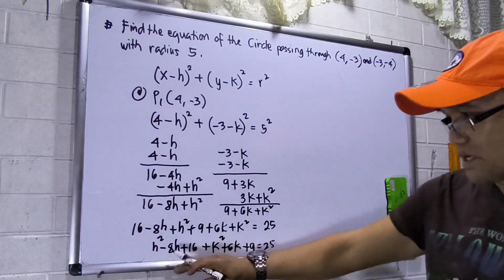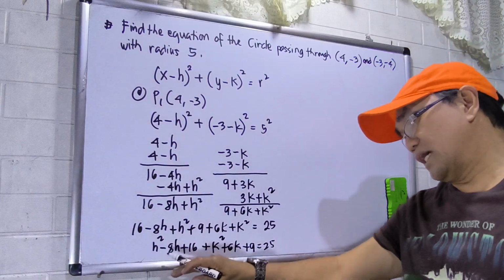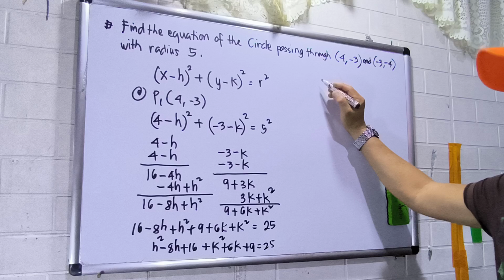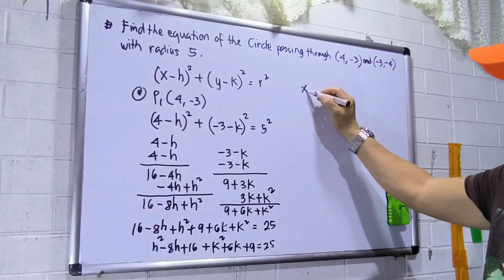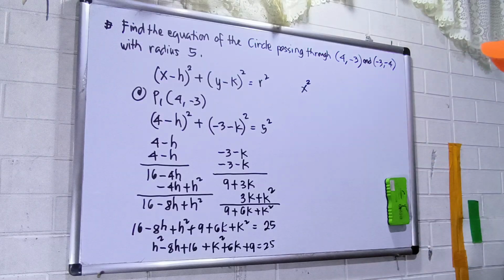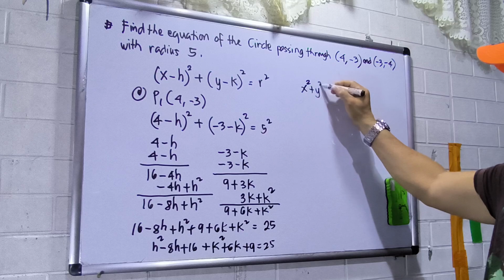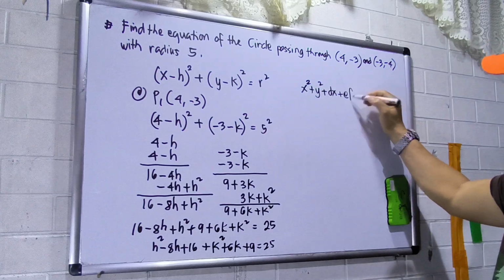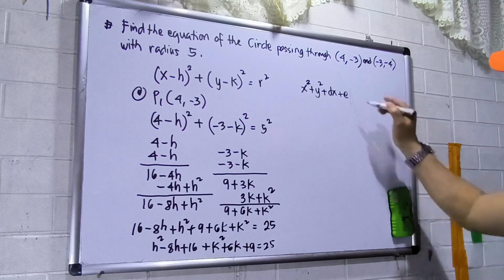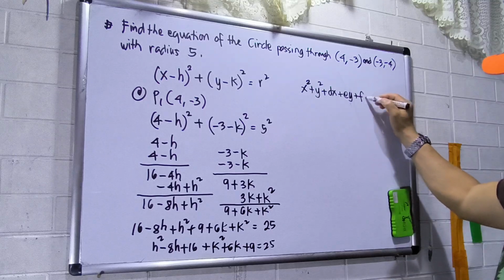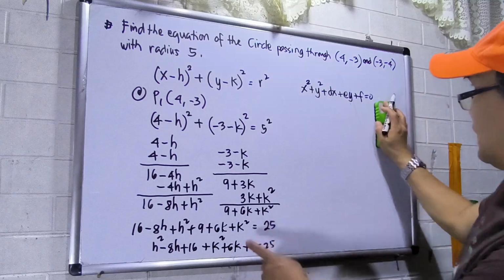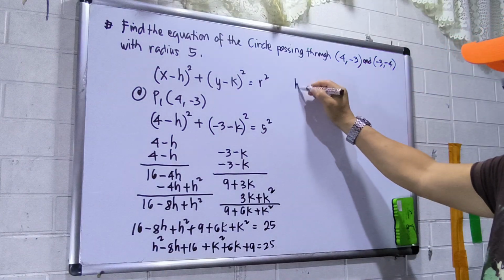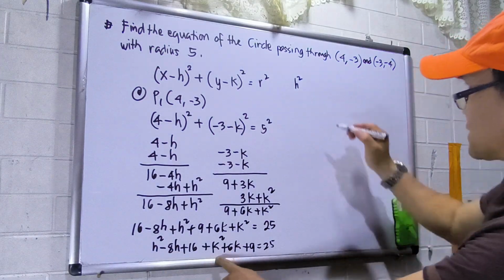So I will form this one as the second degree equation of a circle. So the second degree equation of a circle is this one: x squared plus y squared plus dx plus ey plus f is equals to 0. Okay? So I will arrange. So starting from h squared followed by k squared.